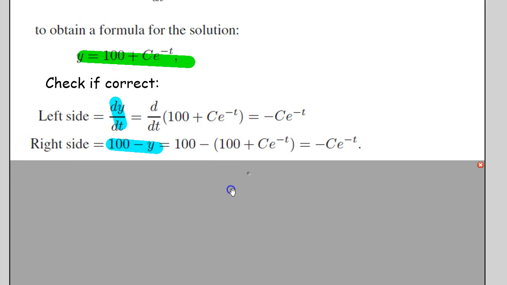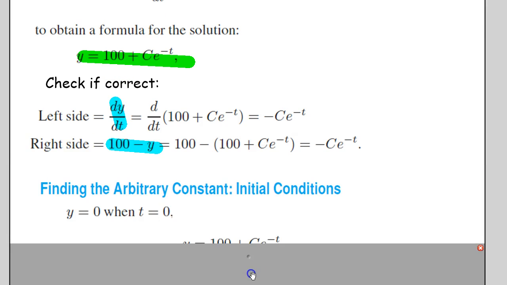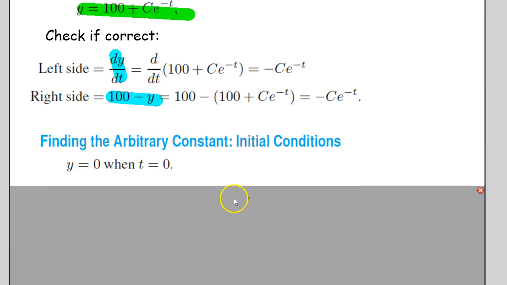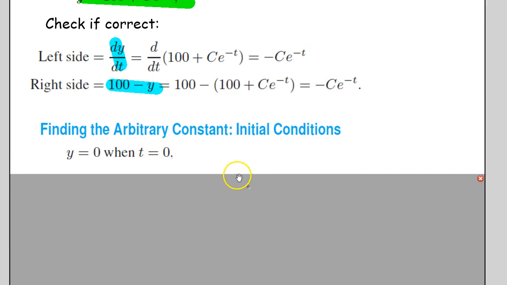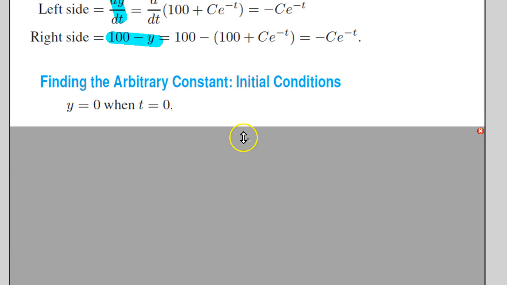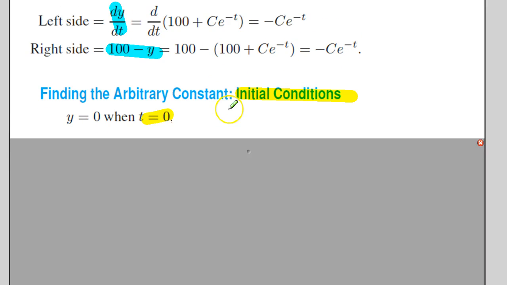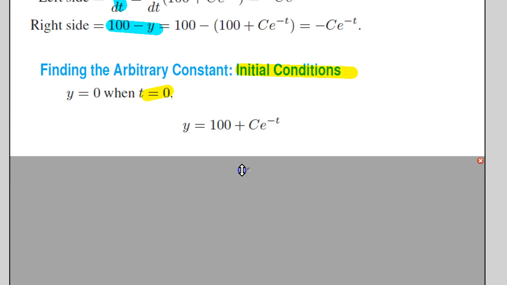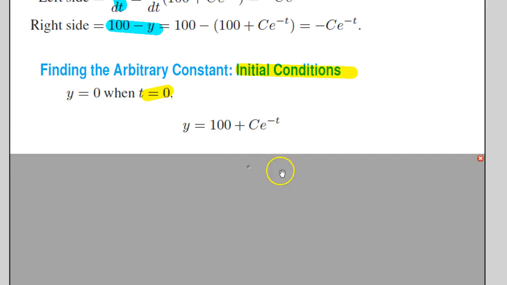Okay, let's talk about the condition that we use to come up with this. It says that when t is equal to 0, y is equal to 0. When time is equal to 0, that's called an initial condition. We use the initial condition to find what the arbitrary constant C is. We know that when t is equal to 0, y is equal to 0.